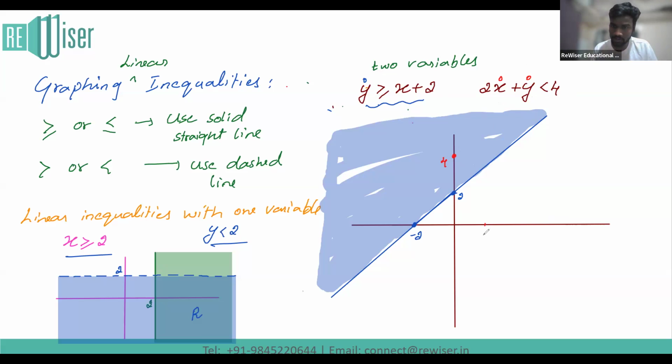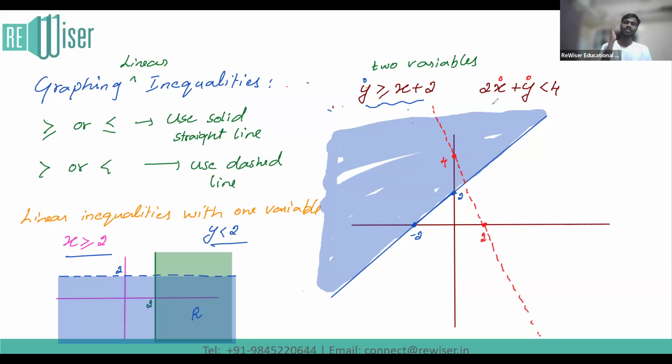So let's say +2 is somewhere here. When you connect them, here it should be a dashed line, because it's just a less than.